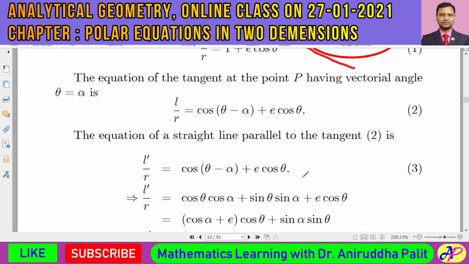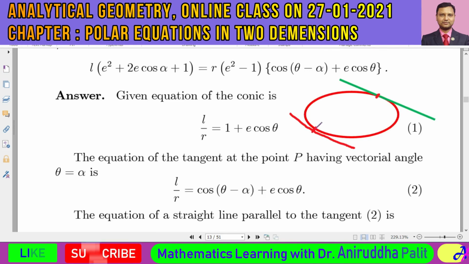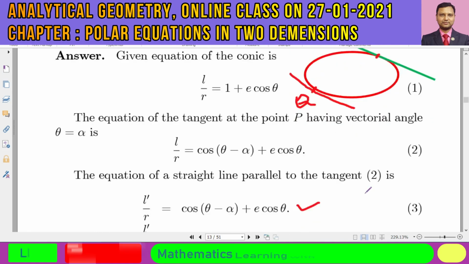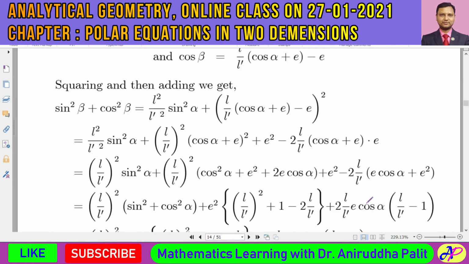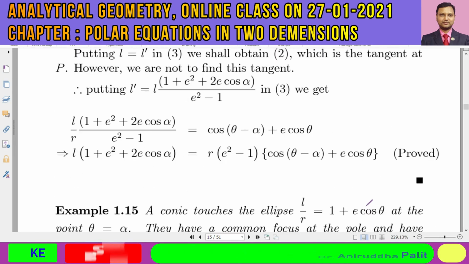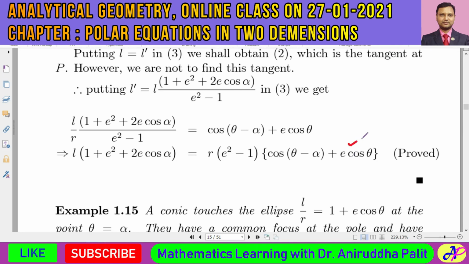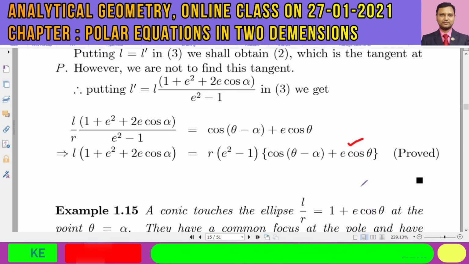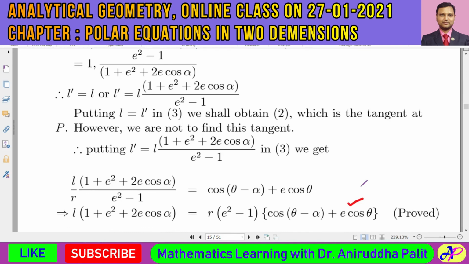If we put the expression of L prime in equation number 3, then we will get the equation of the second tangent line at the point Q. And ultimately by simplification, we get this final result. This is the final result, the equation of the second tangent line. Okay, so in this way we compute the equation of the second tangent line.